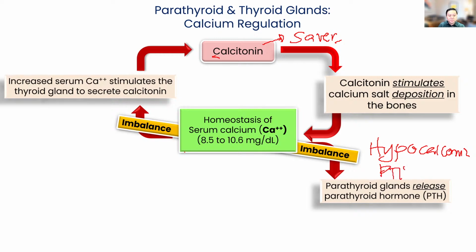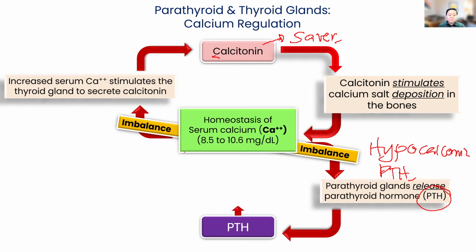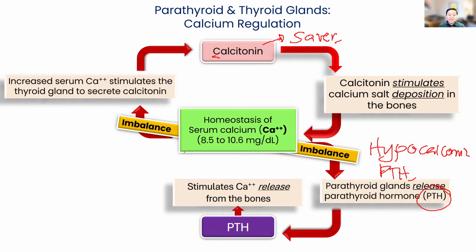Of course, this is the hormone that is secreted by the parathyroid gland. Take note about the PTH. Again, this is only released when there is hypocalcemia. What will happen if this is released into the bloodstream? Well, the PTH will stimulate the calcium to be released by the bones.